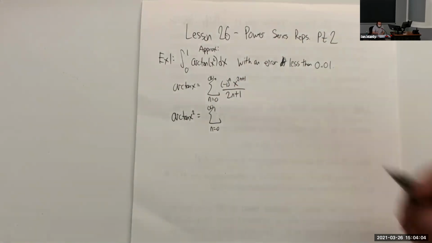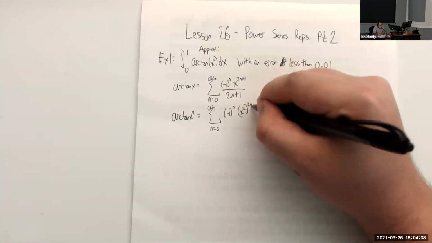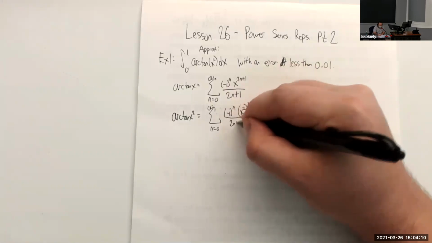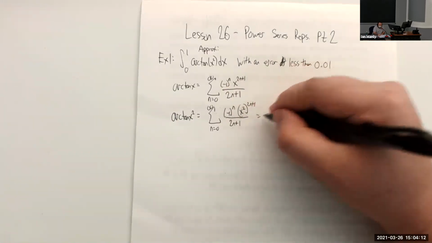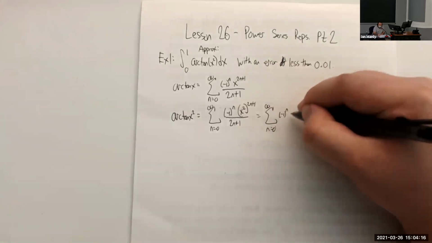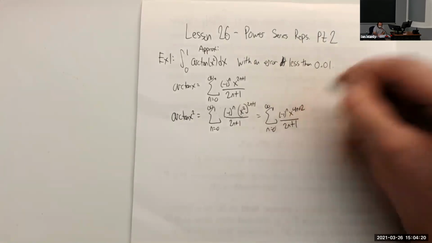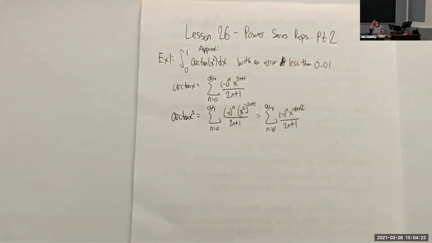So this will be -1 to the n, x squared to the 2n plus 1. By exponent rules, I multiply those, and I get -1 to the n, x to the 4n plus 2. So this is going to be my series for arctan of x squared right here.